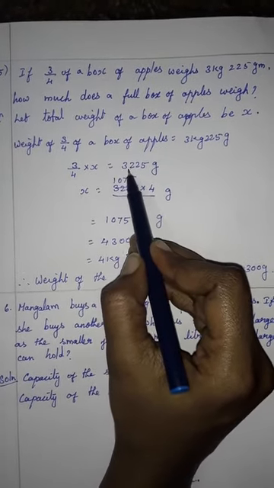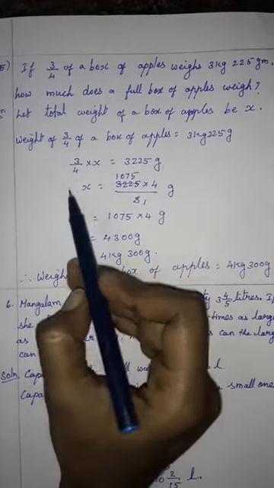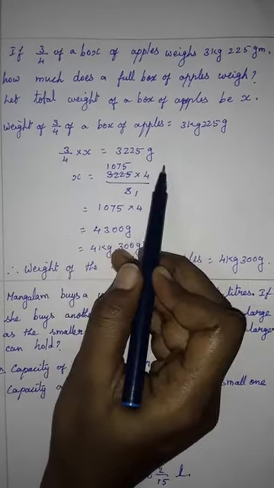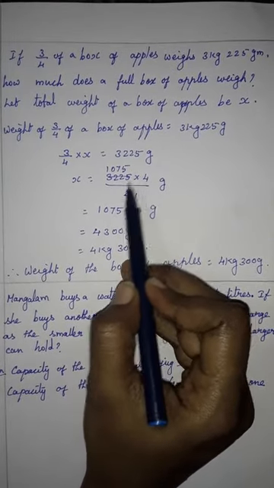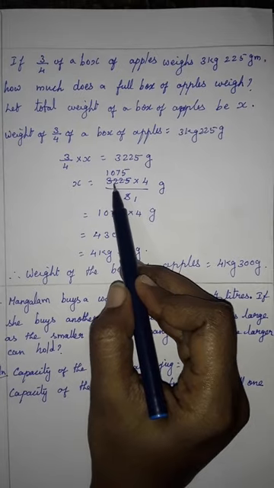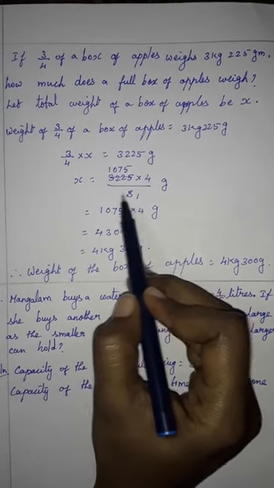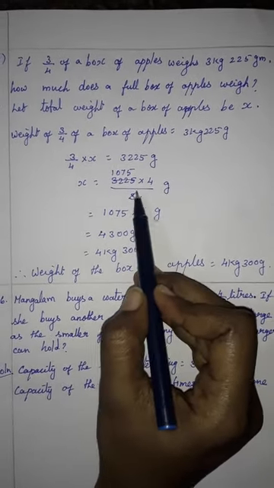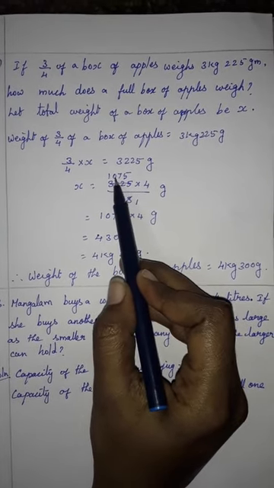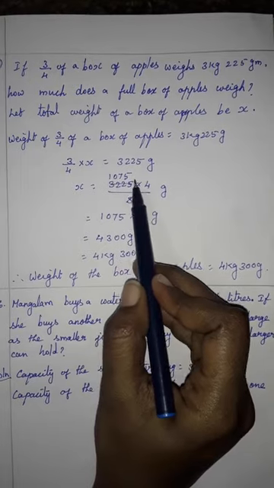We get 3225 gram. To find the value of X, we are moving this 3 by 4 to the right hand side. It comes as its reciprocal, 4 by 3. That is 3225 into 4 by 3 gram. We are cancelling it by 3. 3225 becomes 1075.